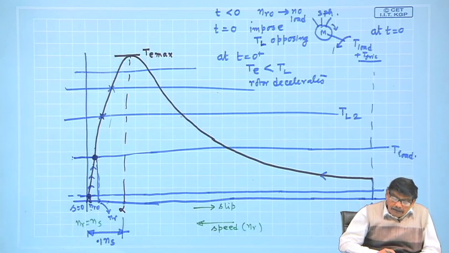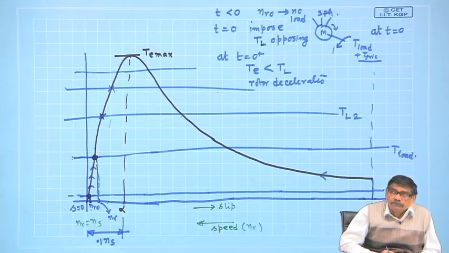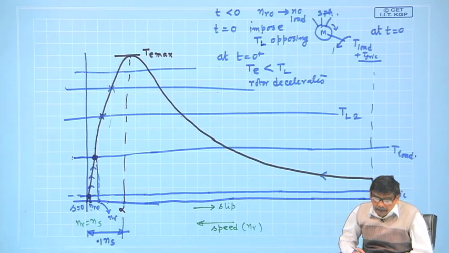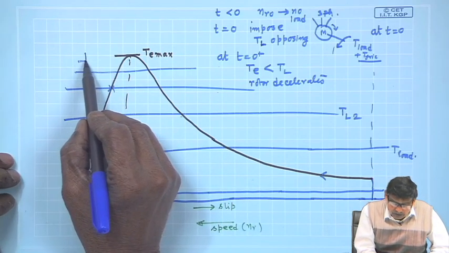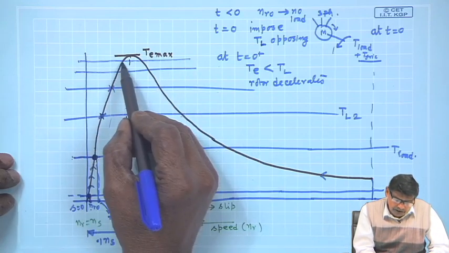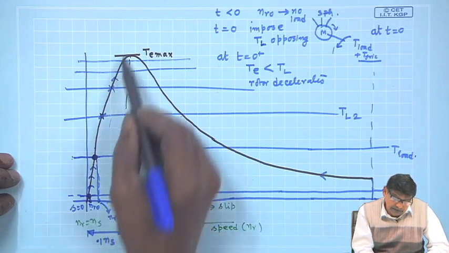Now, coming to the full load torque, what is full load torque and how should it be decided upon? Okay, let us go ahead further. You go on increasing the load torque, and the operating point moves to the right, it comes here like that.